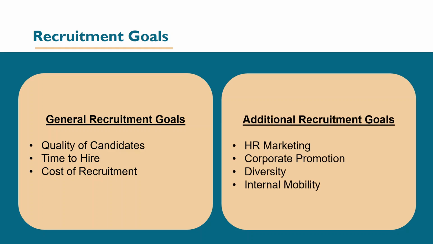Additional recruitment goals include HR marketing, corporate promotion, diversity, and internal mobility. The additional recruitment goals are added on the basis of the request of the top management or the HR team to support the overall HR strategy. However, they should be taken as extras, not the basic goals of the recruitment process.